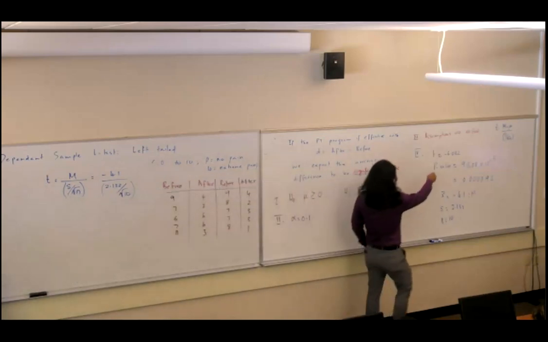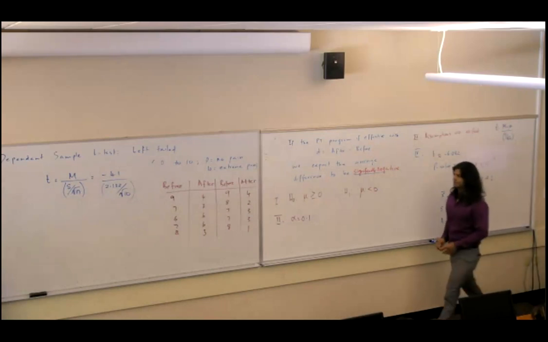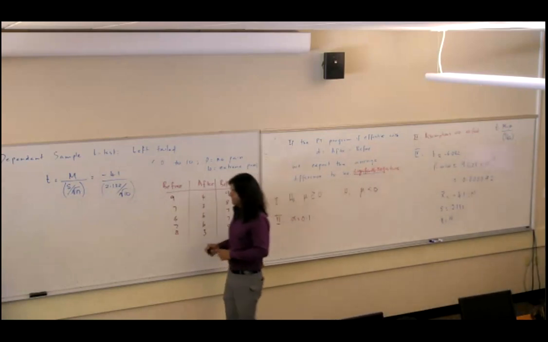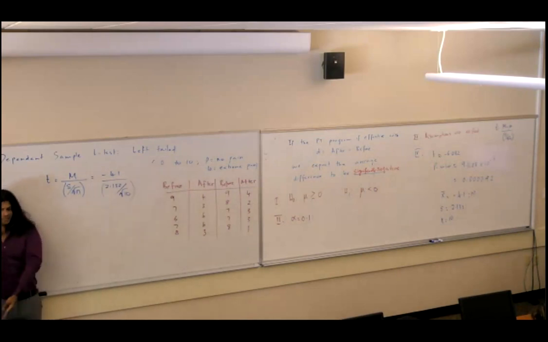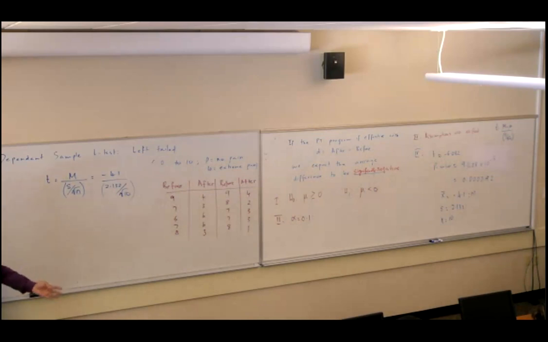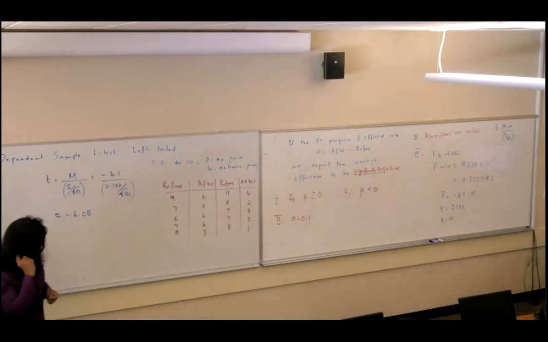Isn't that the same number you have here? Yes. So it depends on the problem. Is the problem giving you this information and asking you to come up with a conclusion? Or is the problem giving you the data and asking you to come up with a conclusion? So the value will be the same, negative 6.08.